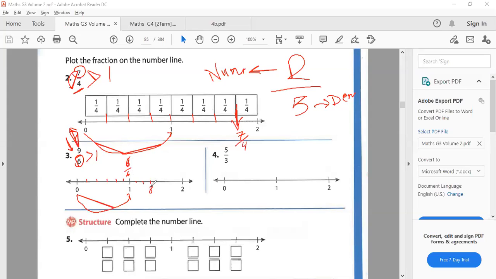It will be exactly here. So 9 over 6 is greater than 1, about in this place. Okay, thank you.